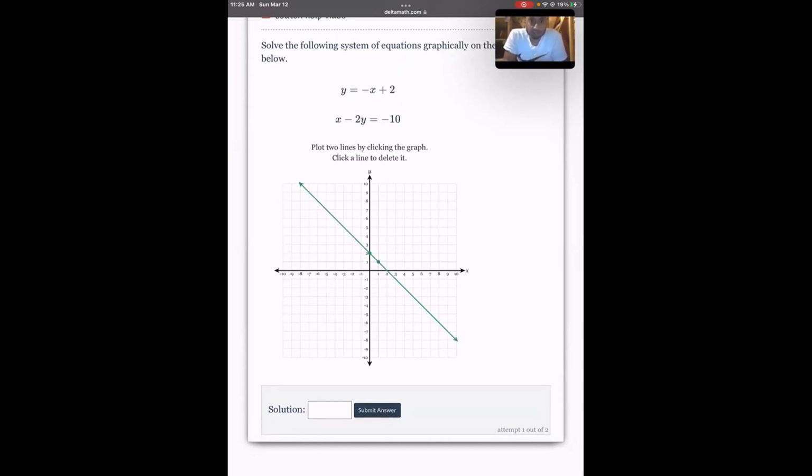Second line. We have to put it in the right form, so we have to solve that second one for y. So -2y equals -x minus 10. Then we divide both sides by -2. So y will equal 1/2x plus 5.